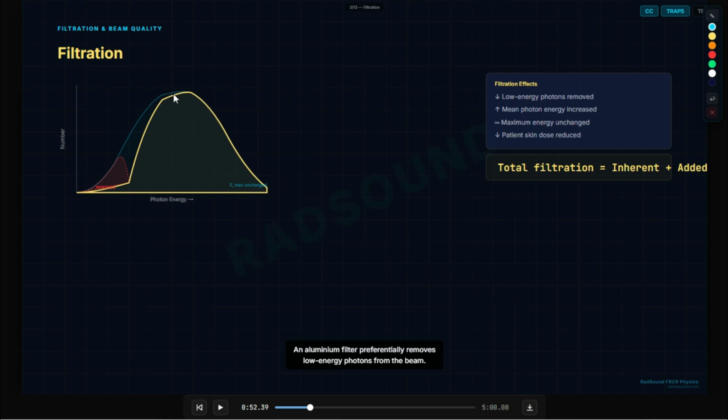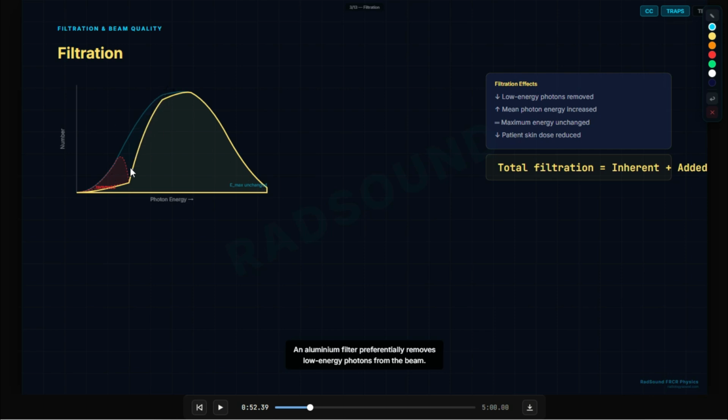This will lead to an increase in the mean photon energy. On the photon energy axis, the mean photon energy will increase from this lower part to here, but the maximum photon energy will be unchanged. At the same time, this will decrease the skin dose of the patient.